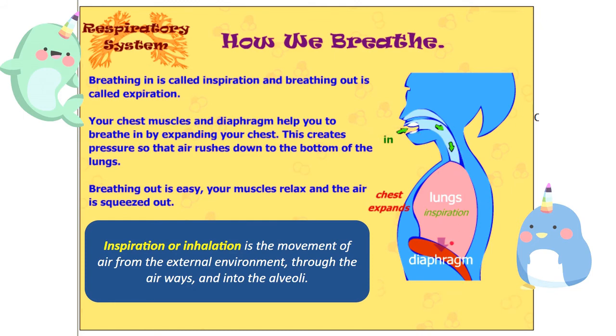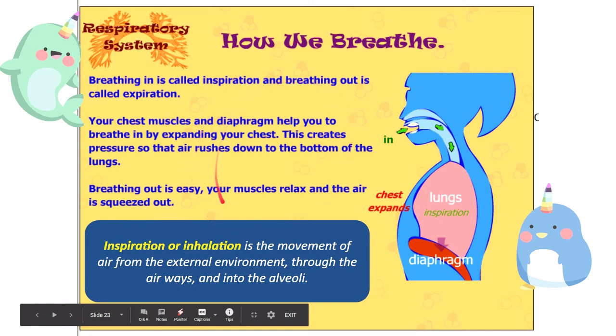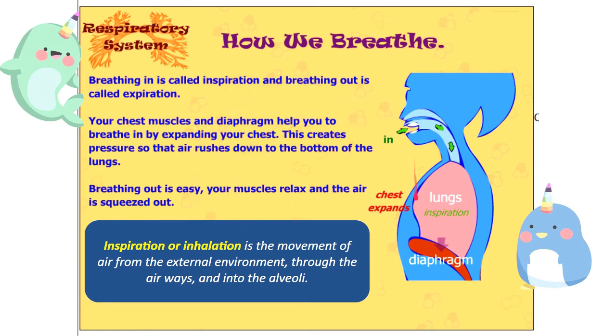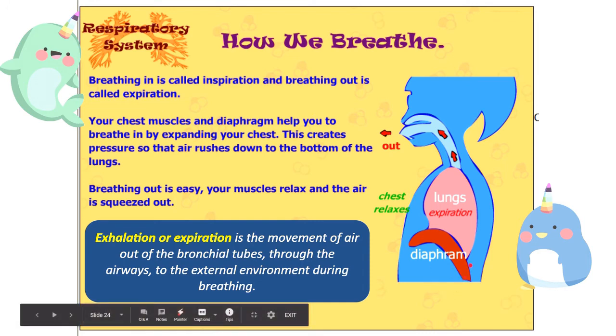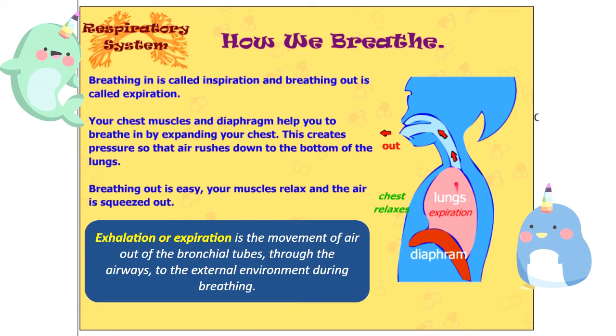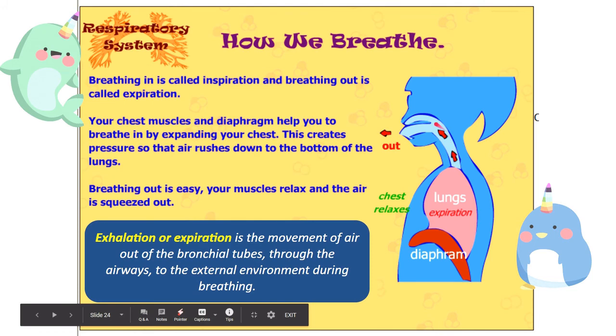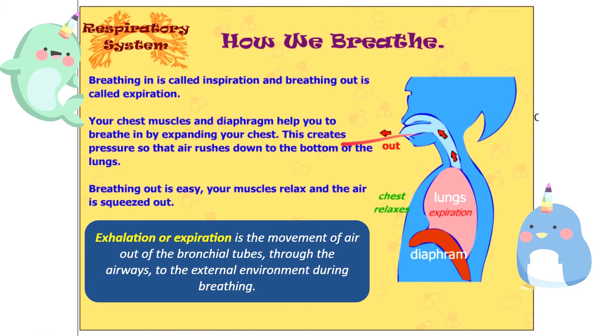So inspiration or inhalation is the movement of air from the atmosphere into the lungs, into the alveoli. But when we exhale, the diaphragm relaxes. The chest also relaxes, so it pushes the air out of the lungs. It squeezes the air out of the lungs back into the atmosphere.